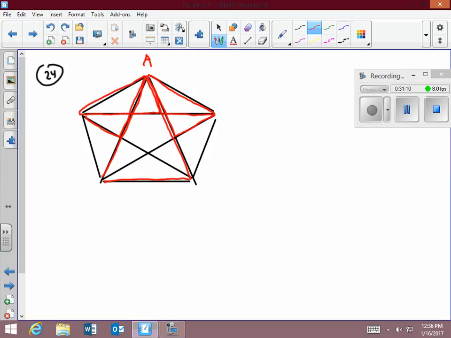Now, using A as a vertex, is there any other ones that you can make? So A is a vertex. 6. Is there any more? I mean, do you see any more triangles?